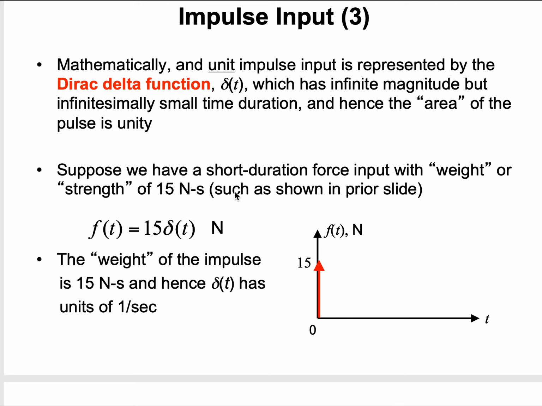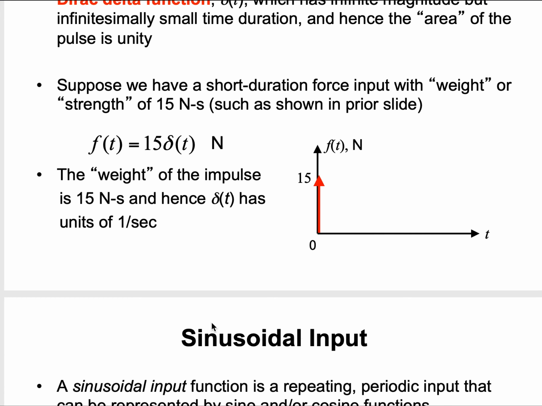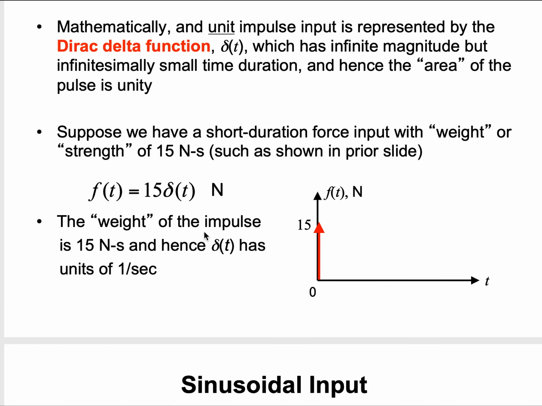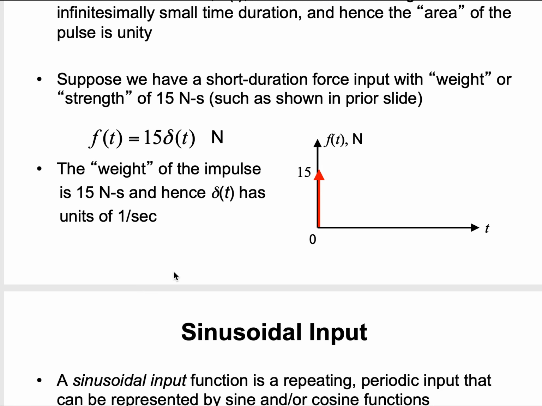It is again 15 newton seconds, and the delta t has a unit of 1 over seconds. So that has a unit of force: 15 newton seconds times 1 over seconds. So the Dirac delta function has a unit of 1 over seconds.